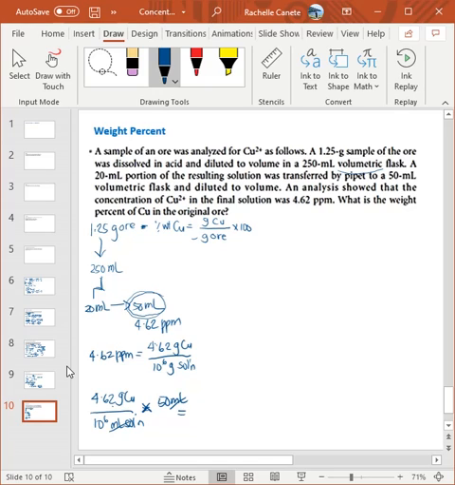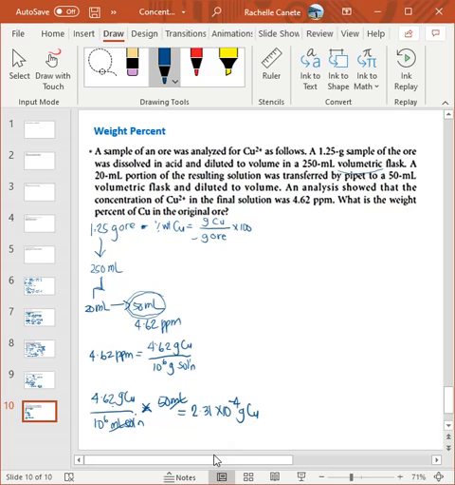So that means the mass of copper present in the 50 ml of the final solution is 2.31 times 10 to the minus 4 grams of copper. Right? And then, we know that this copper comes from the 20 ml. And this 20 ml comes from the 250 ml. Right?